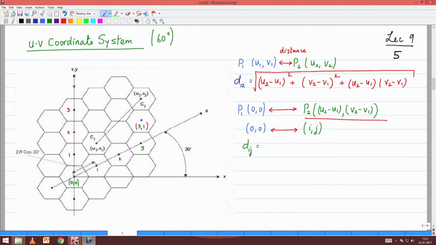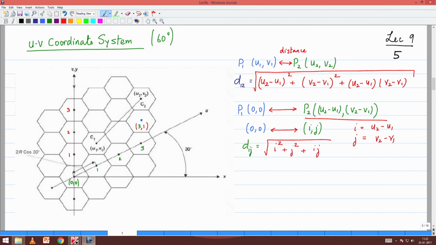So an easy way would be to denote one of the points as 0, 0 and the other one as i, j, where i is equal to u2 minus u1, j is equal to v2 minus v1. Okay. So I want to know dij. That will be the square root of i squared plus j squared plus ij.